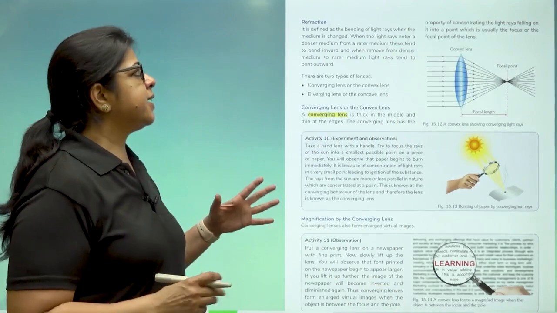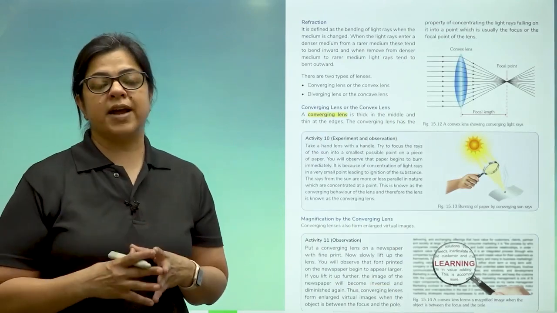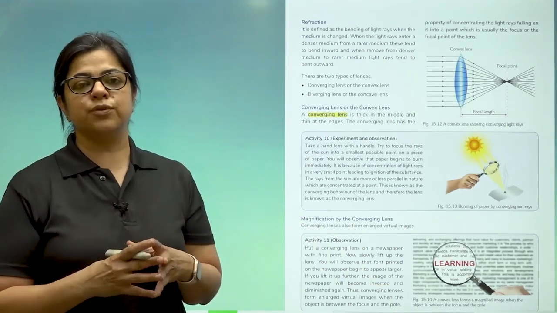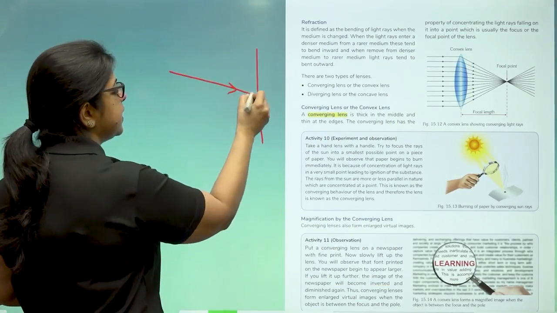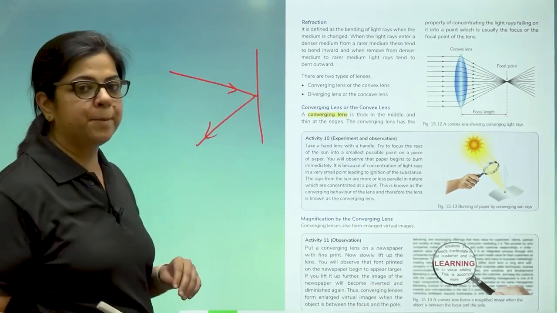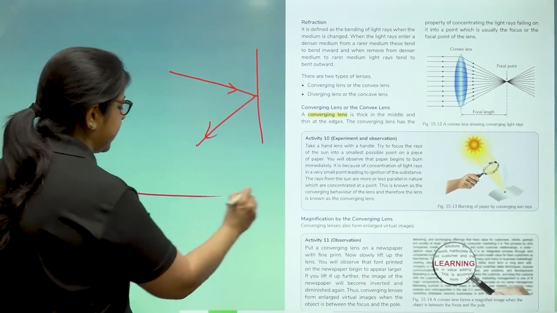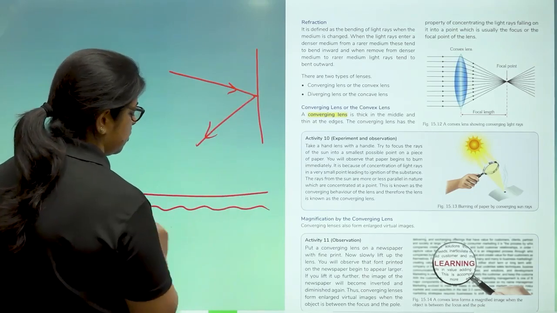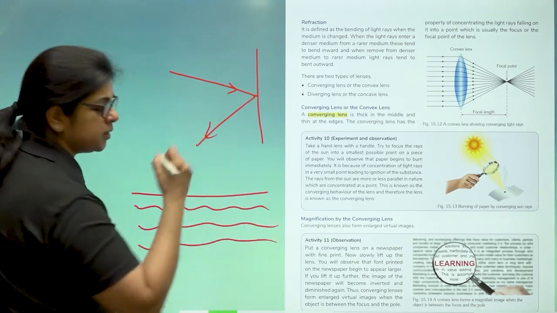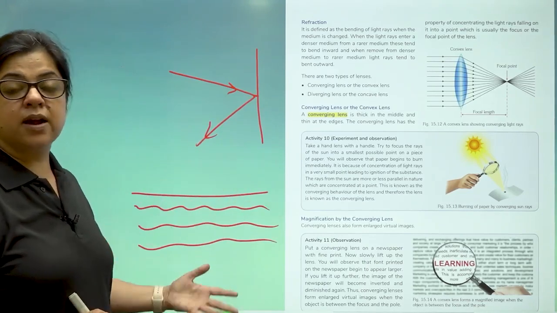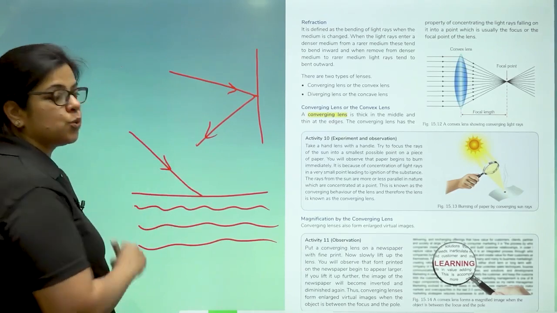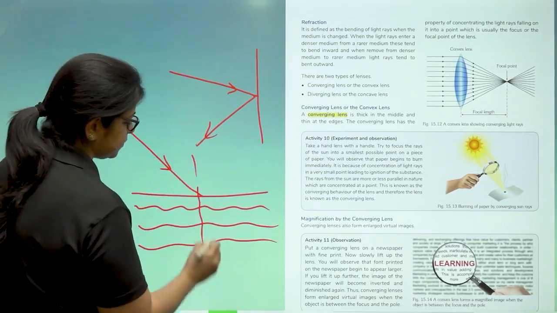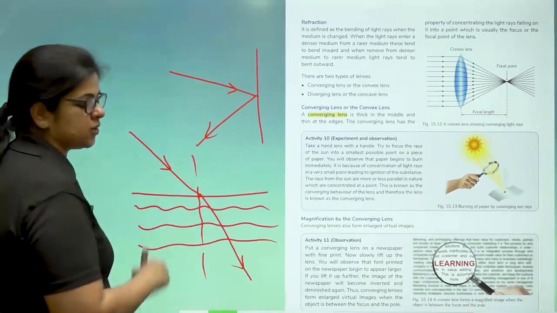Now let us understand the concept of refraction of light. What is refraction of light? We know that when light hits a surface, it is reflected back. But what about light which enters water? Water reflects light also and it allows light to pass through it also. So whenever light passes through water, it changes its direction.